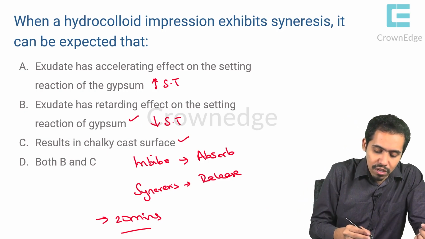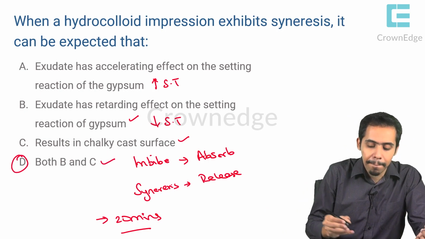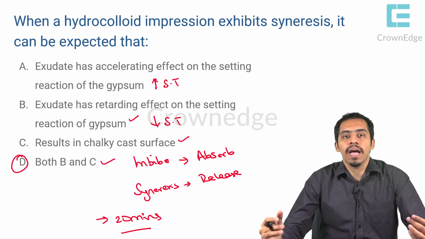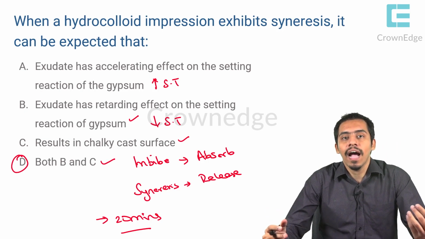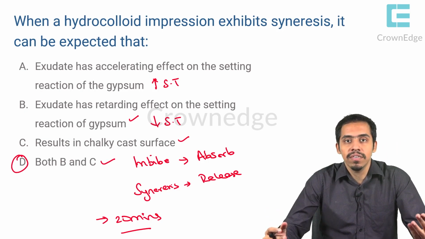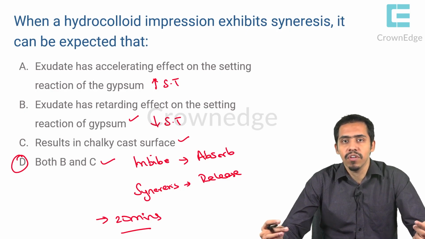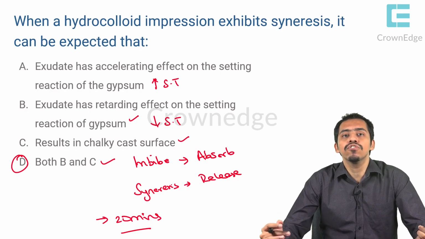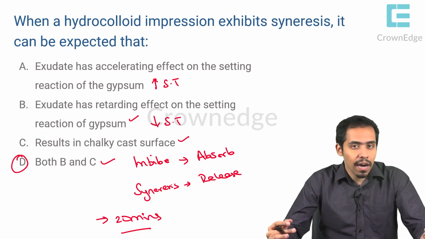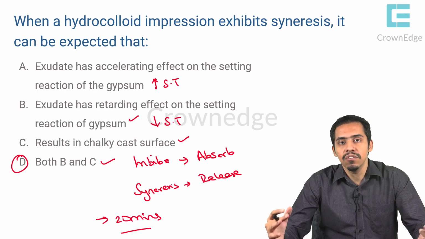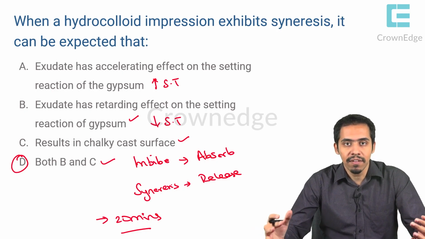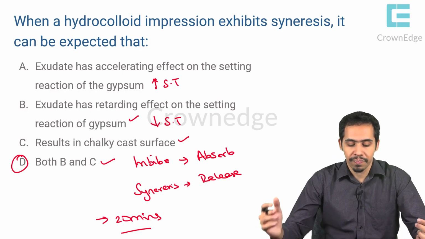So the answer for this would be D, both B and C. So coming from a clinical point of view, alginate is always a very good impression material that can be used for your cast partial dentures, even for your diagnostic impressions, and also plays an important role for your final impressions. Agar, however, is mainly used as a duplicating material. That is what you have to understand from an impression material point of view.